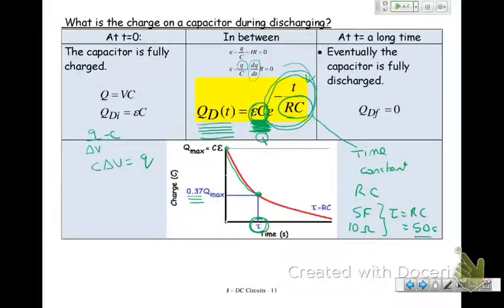At time t equals 50 seconds, I have discharged to 37% of my maximum charge. If I'm at more than 50 seconds, I've got in the 20s and 10s left. Less than 50 seconds, I've got more.